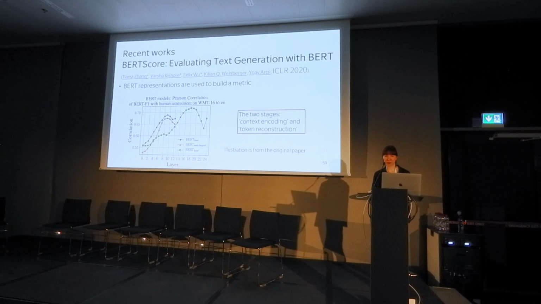And here they look at different layers and evaluate how well this metric correlates with human judgment if we use different layers of BERT. And we again can clearly see that performance goes up at the context encoding stage, and then it goes down on token reconstruction. So if you're trying to use BERT in some applications, you might want to use representations from somewhere at the end of the context encoding stage, and not the final layers where this information is already lost.